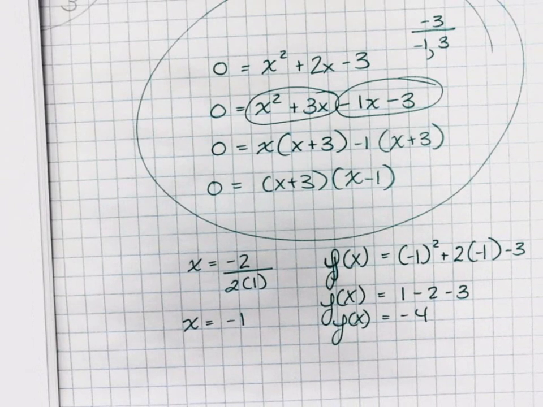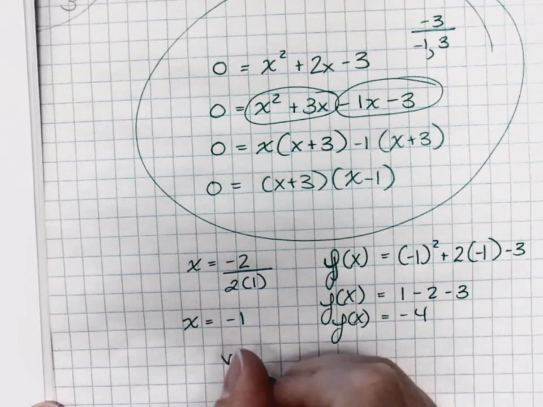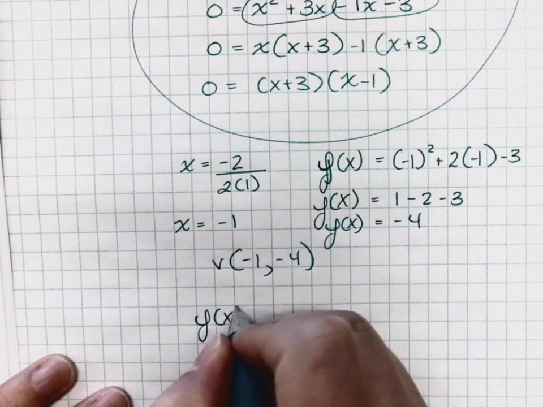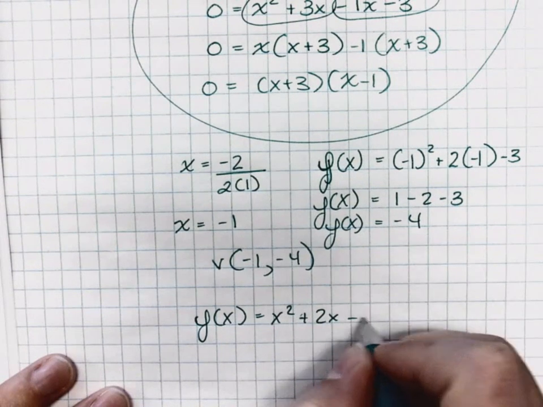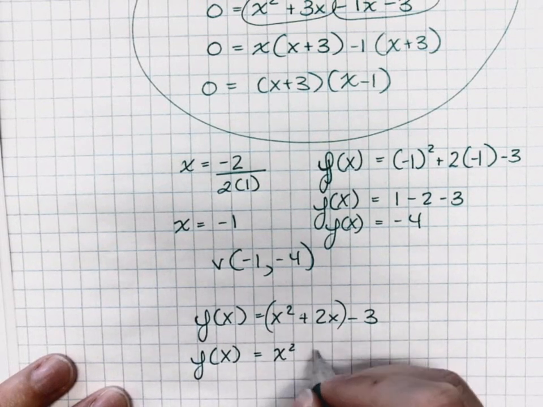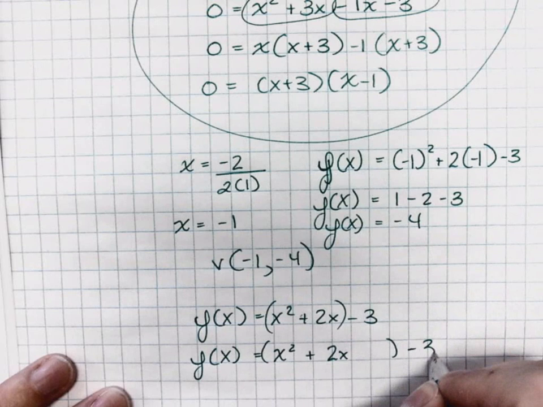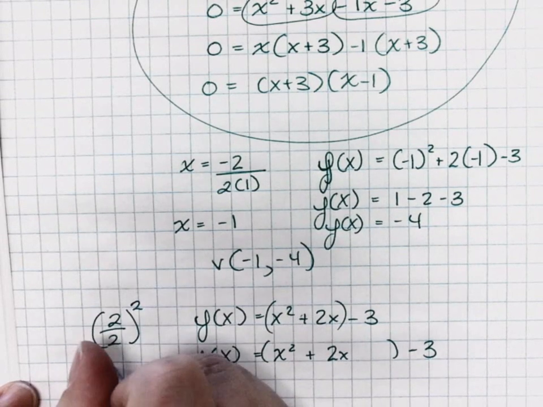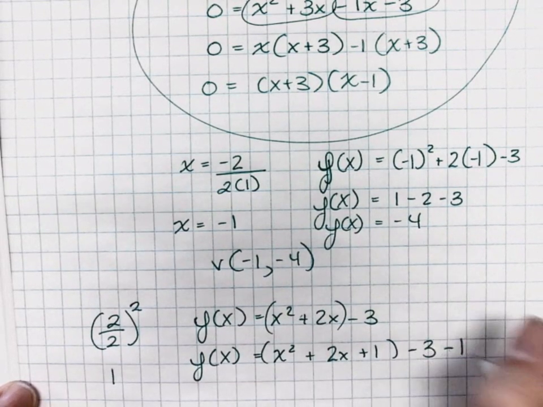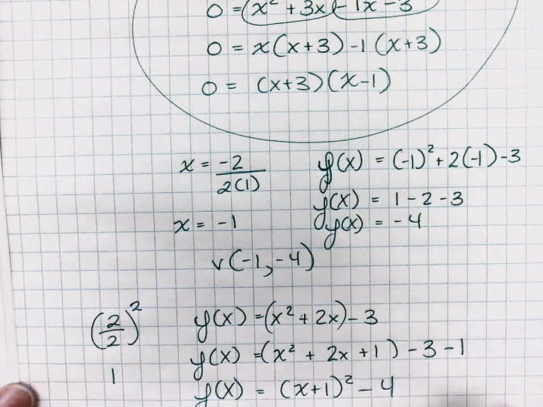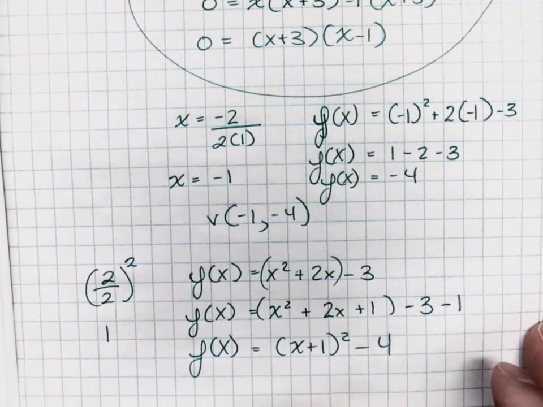So I used the secret formula and I get the vertex at (-1, -4). Anybody complete the square?